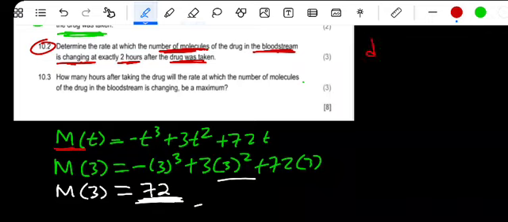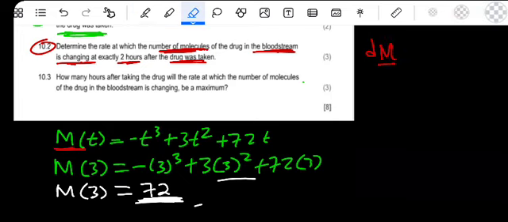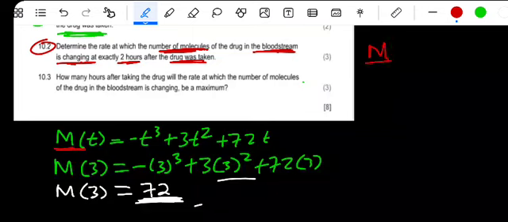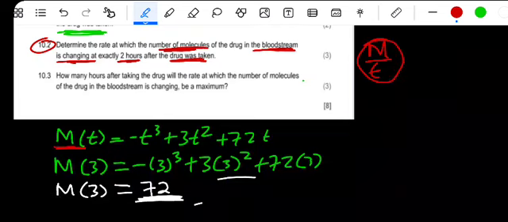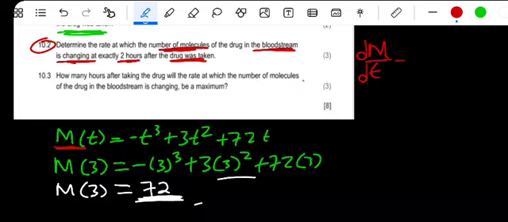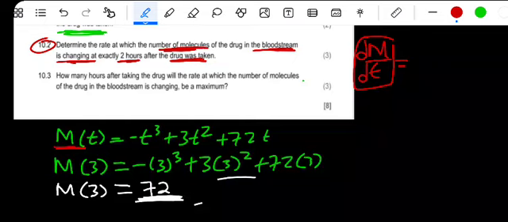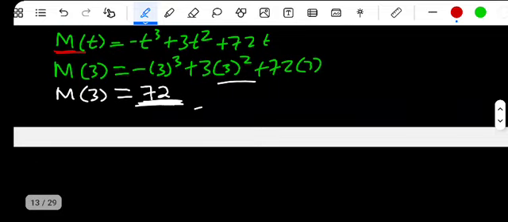So we have M, and as I've shown, M over time is a rate, but to evaluate that rate we're supposed to differentiate, to take the first derivative, dM/dt. We have our function M, which is -t^3 + 3t^2 + 72t.